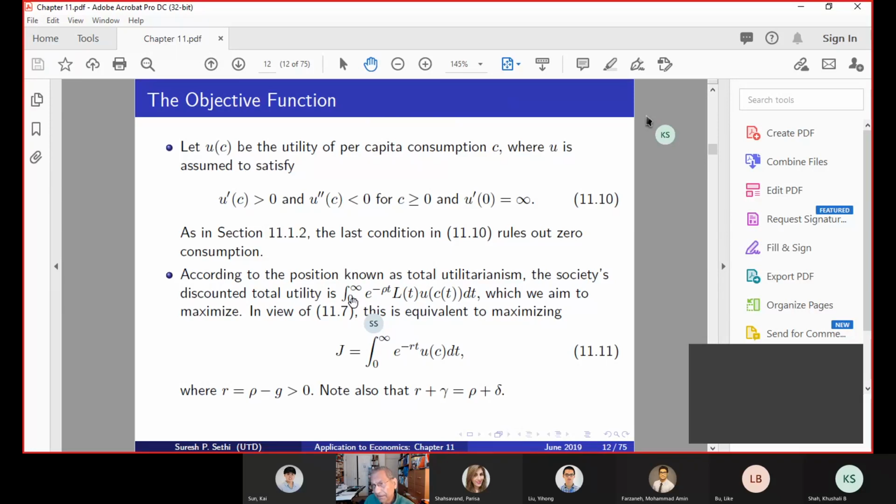One argument is that if you take total utilitarianism, then it is a possibility that the population is growing to infinity and the consumption is going to zero, but the multiplier of the utility and the consumption is still quite large. You can have everybody very poor, but lots and lots of poor people, and the society has an even higher utility, okay?